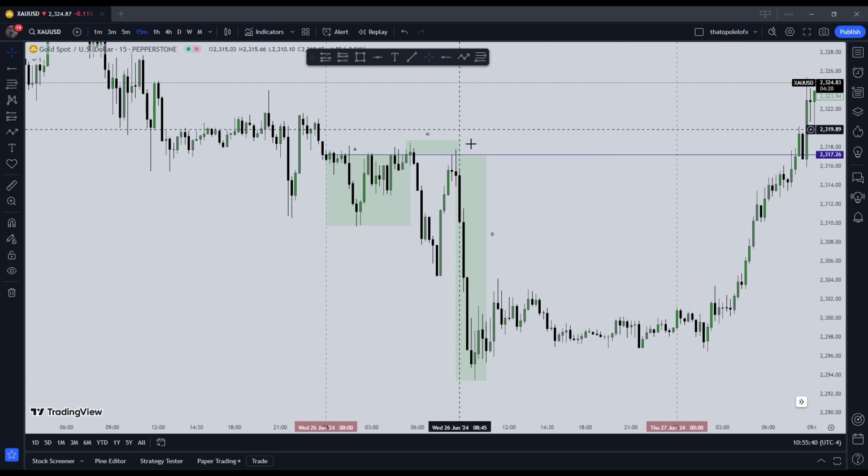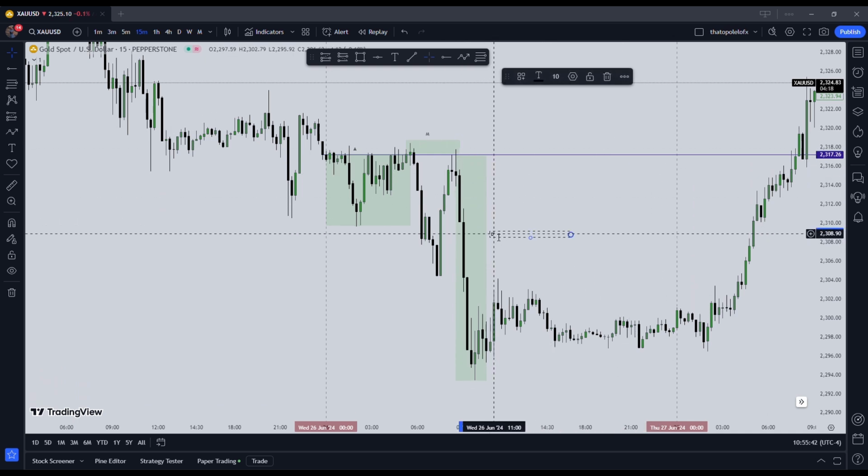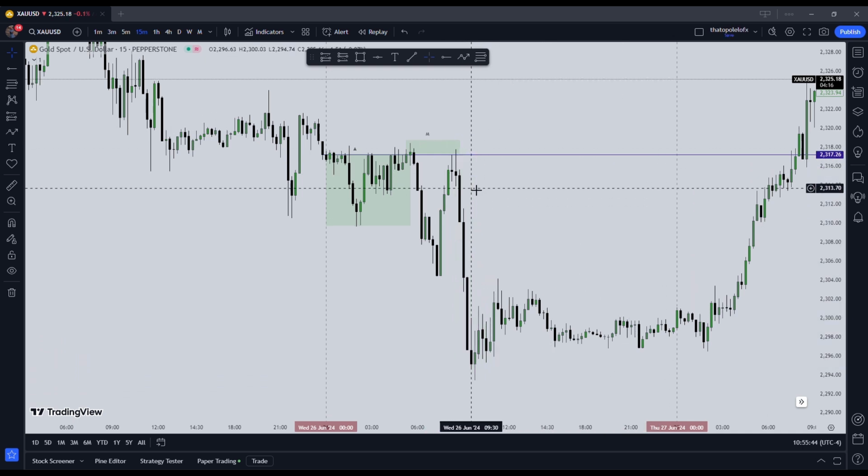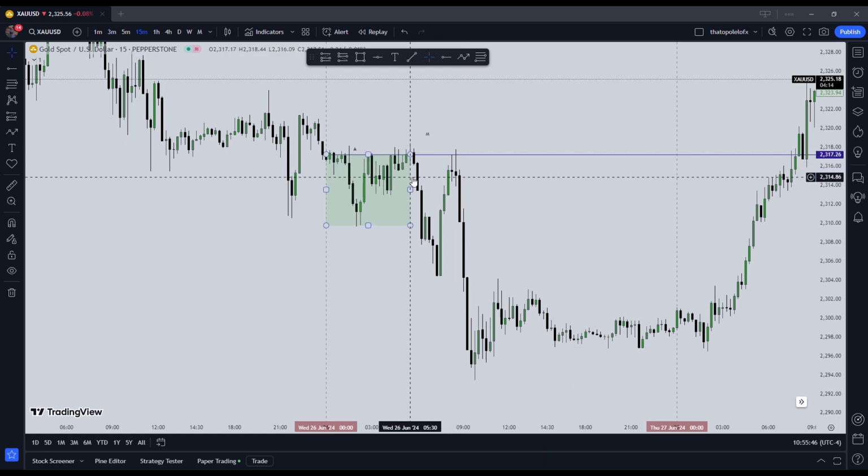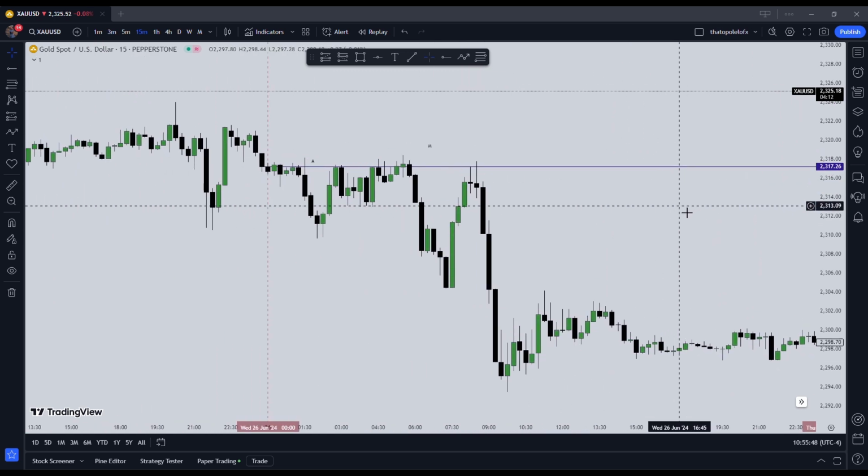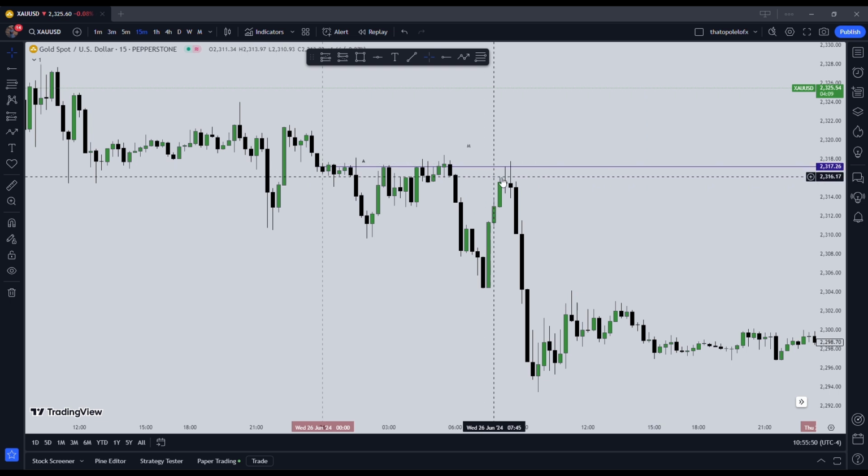So, if at all I was going to trade this, I would look at the fact that, okay, I want to trade between 8:30, that's for Nasdaq.